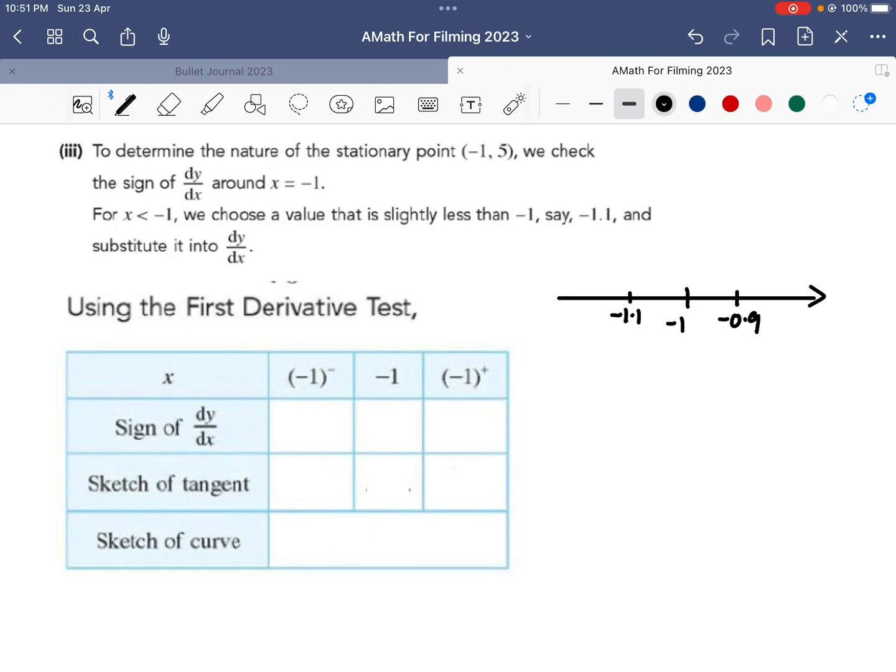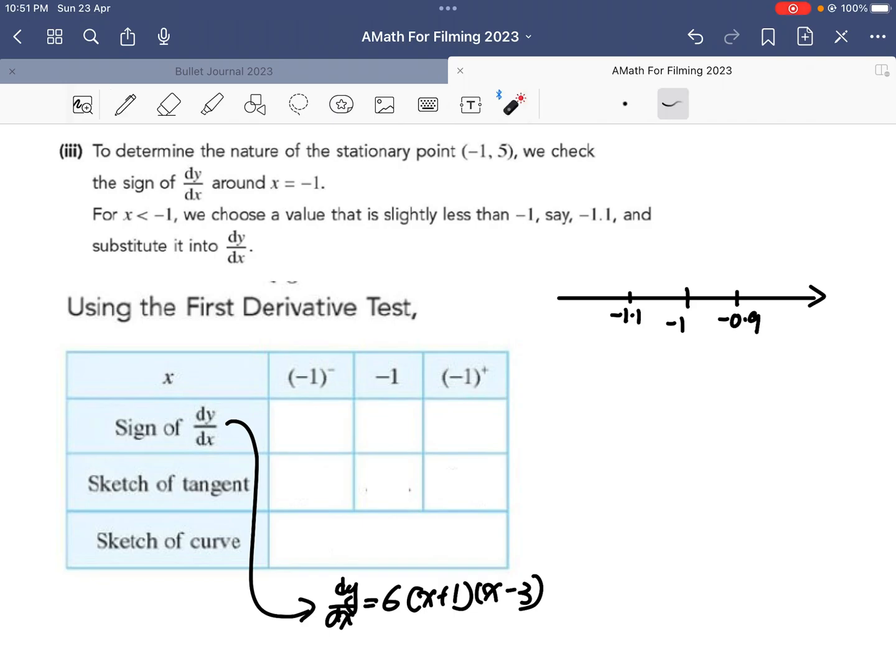Now just to remind you of what dy/dx was. If you recall from the earlier part, my gradient function dy/dx is 6(x plus 1)(x minus 3). This will factor in quite importantly for us now as we try to find the sign of dy/dx. Now what we're going to do here is this.